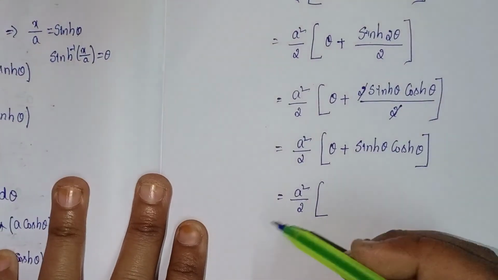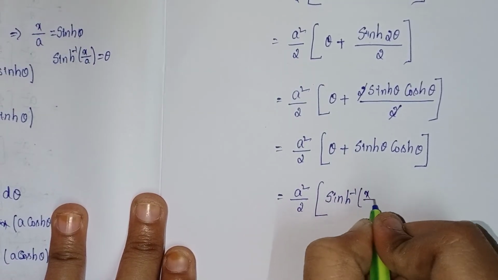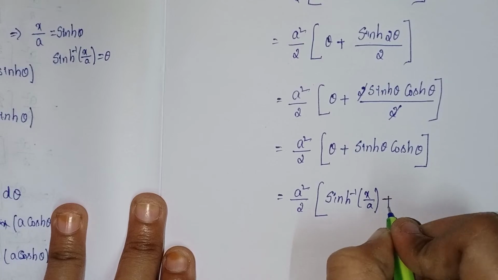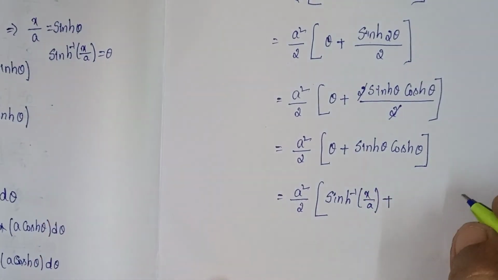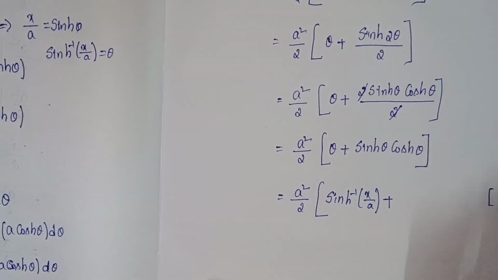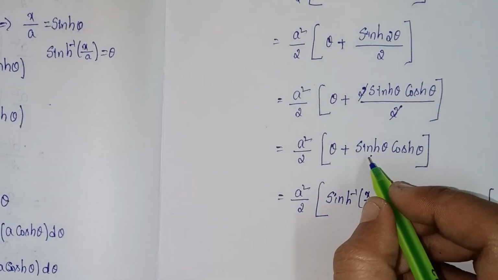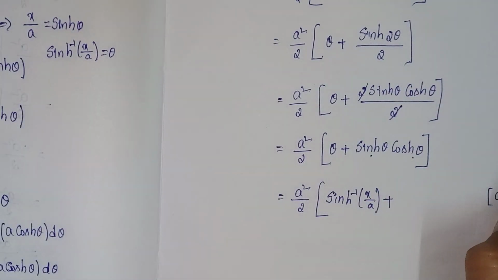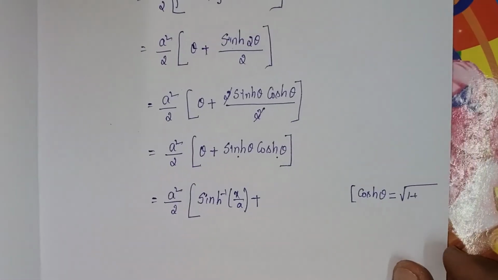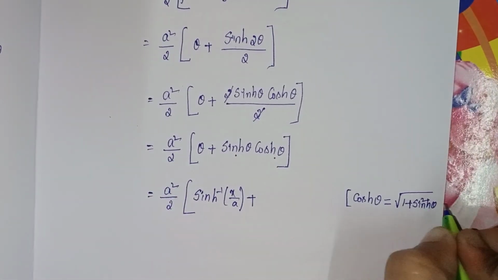Substitute in the place of theta sinh inverse of x by a plus sinh theta, which is x by a, and cosh theta you can write as square root of 1 plus sinh square theta.